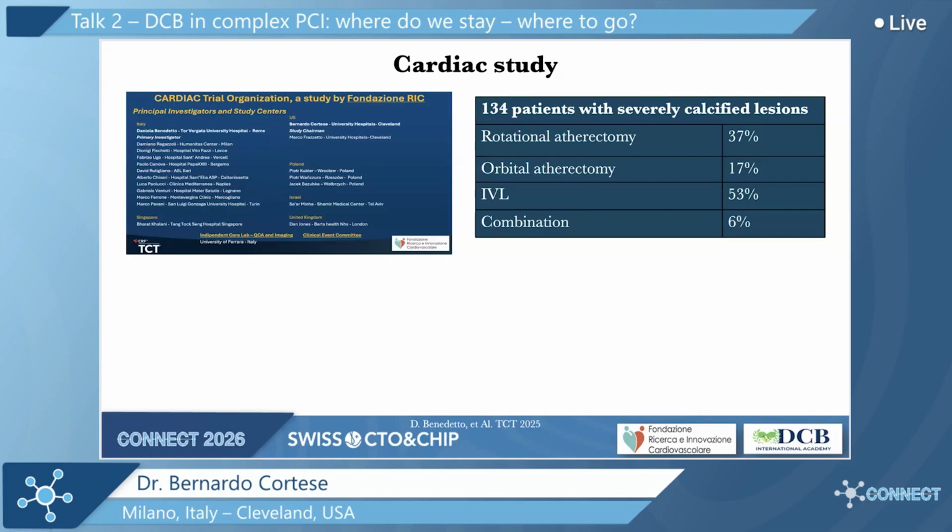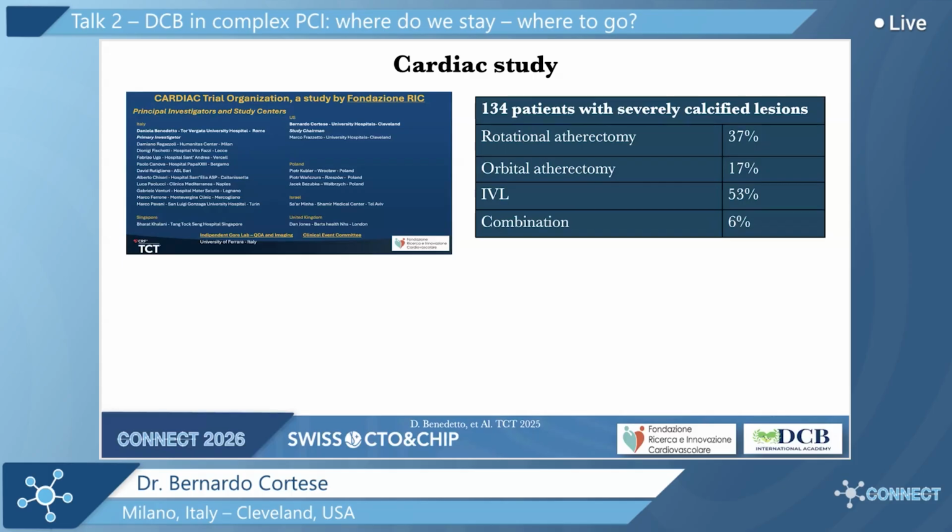We enrolled 134 patients, where about 50% of them underwent rotational or orbital atherectomy and 50% IVL, with some combined strategies. And what we wanted to see was, first of all, is this a procedure that is safe and is it successful?